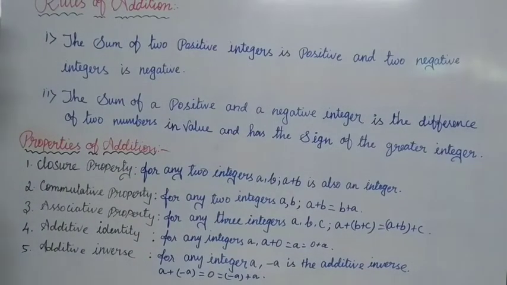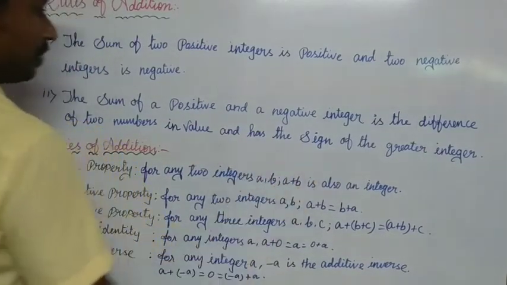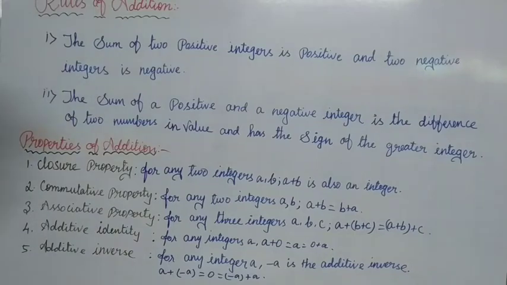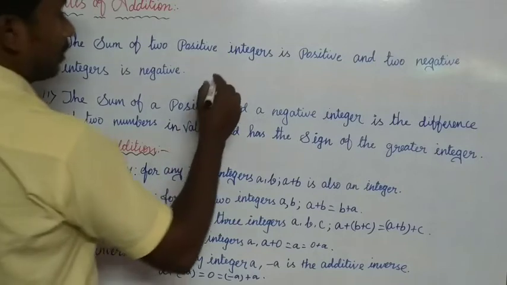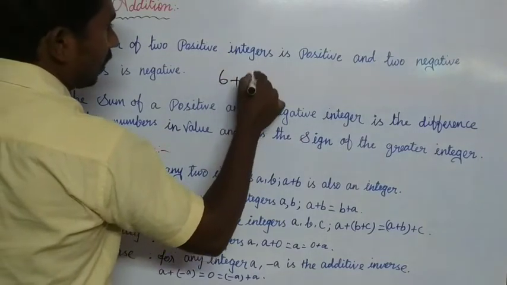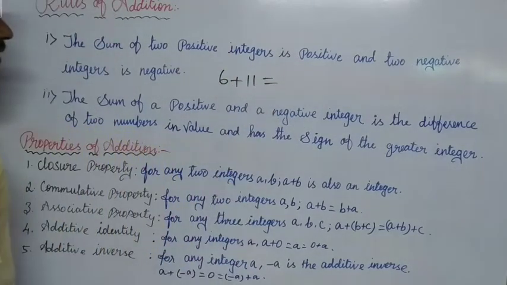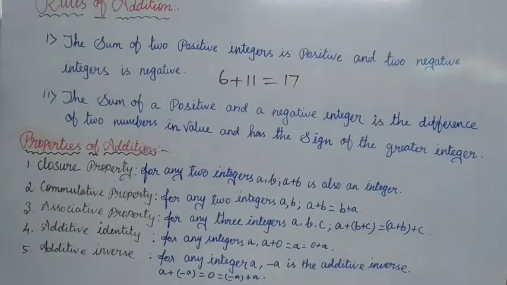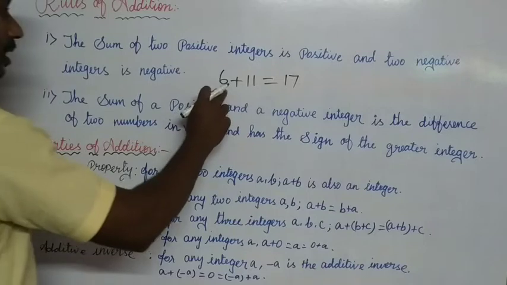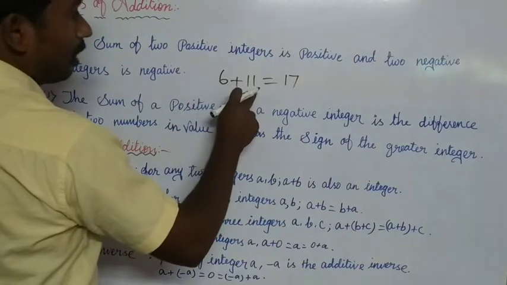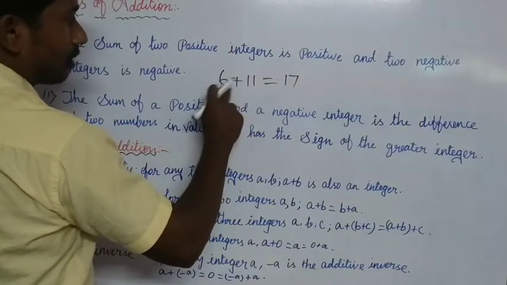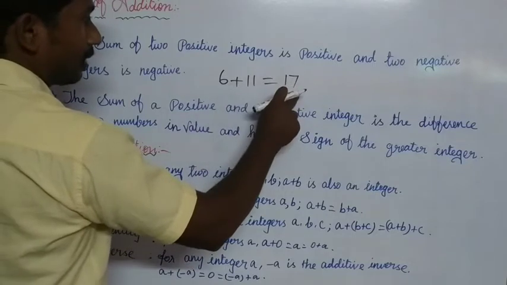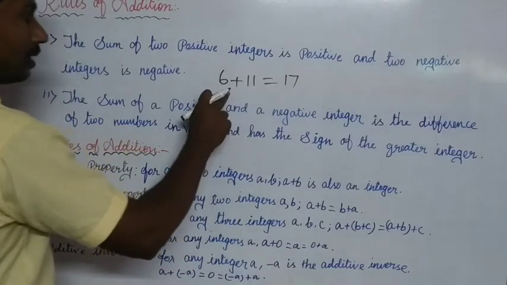a, b, a plus b is also an integer. It is very simple. This means you take any integers, for example, 6 plus 11. 6 plus 11 is 17. See, 6 is an integer, 11 is also an integer, and the sum of the two integers, 17, is again an integer.